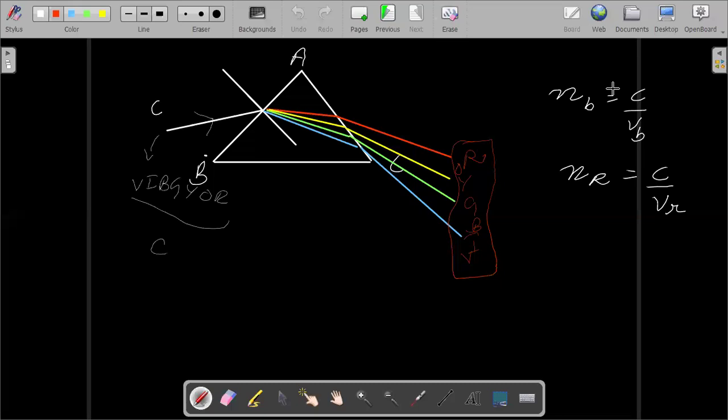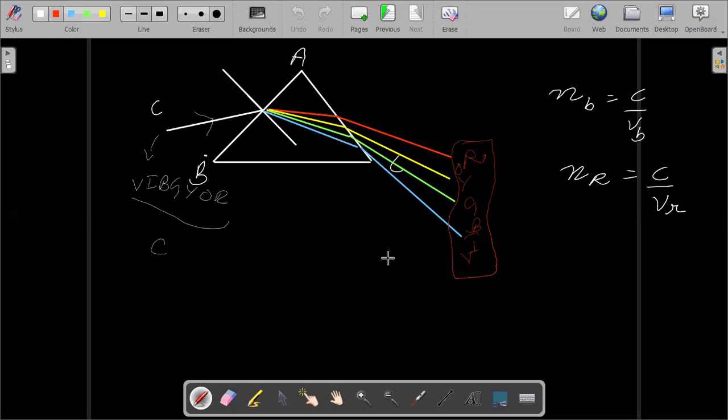Violet. Yeah, violet has the maximum refractive index. It bends the maximum. Okay. Which color has the minimum refractive index? Sir, red. Red, sir. Yeah, so red.